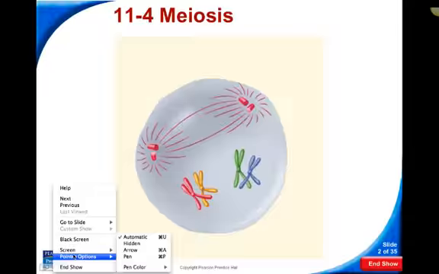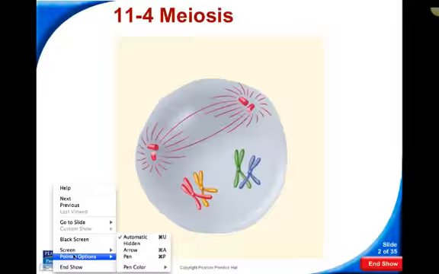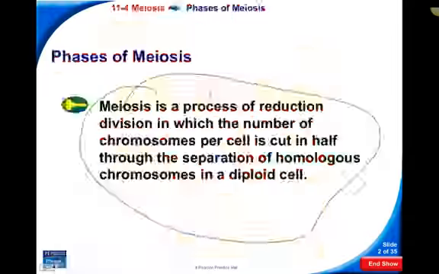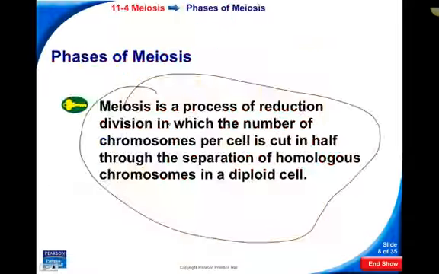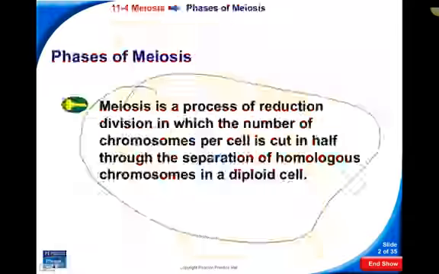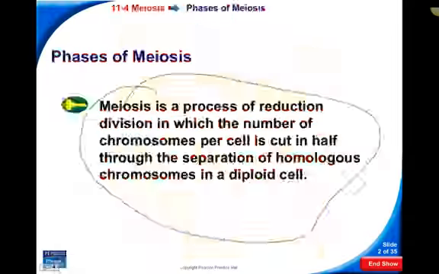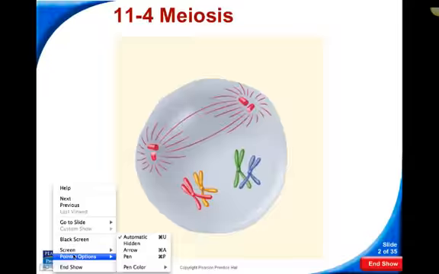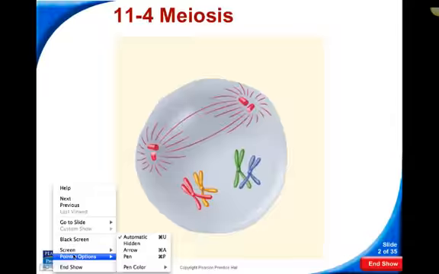Okay, and this is the definition for what we're going to do for meiosis. Meiosis is a process of reduction division in which the number of chromosomes per cell is cut in half through the separation of homologous chromosomes in a diploid cell. I know it's a big definition, but we're going to go through it step by step so you'll understand it.